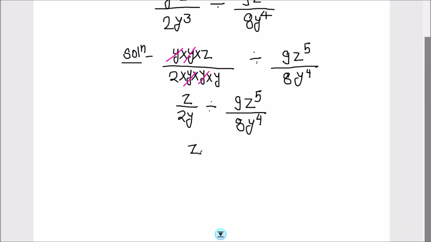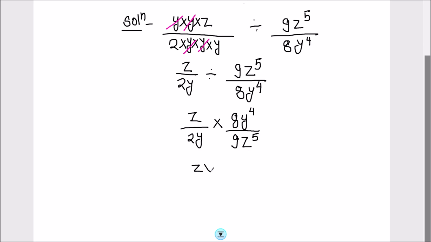These are two fractions. In fraction division, we'll keep the numerator as is and switch the division sign to multiplication sign, and take the reciprocal or inverse of the denominator. So that's going to be 8y raised to power 4 divided by 9z raised to power 5.